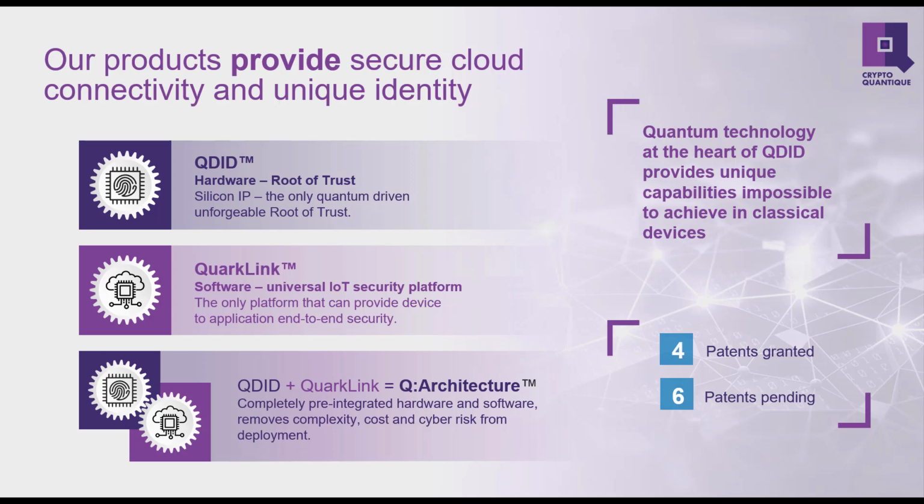The QuarkLink is a software package, which is a universal IoT security platform. This is the only platform available that can provide device-to-application end-to-end security. The two products form part of Crypto Quantique's Q architecture, and this is a completely pre-integrated hardware and software system that removes the complexity, cost, and cyber risk from the deployment of medical devices.